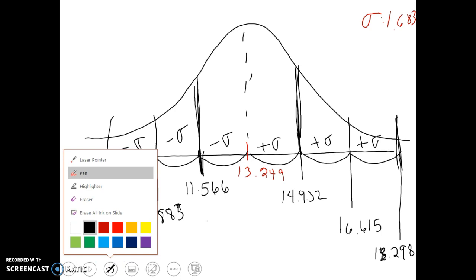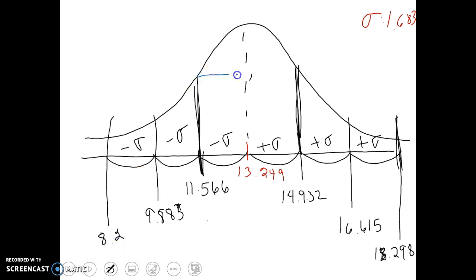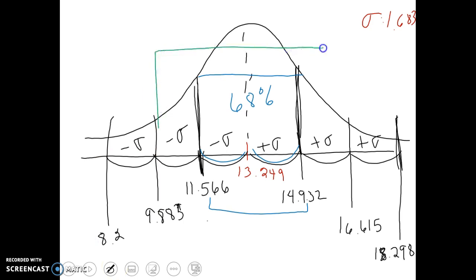Okay, so what does this tell us? If we go down 1 and up 1, that's 68% of the data. So 68% of the data falls between 11.566 and 14.932. Then if you go down 2 and up 2 standard deviations, those boundaries are 9.883 and 16.615.